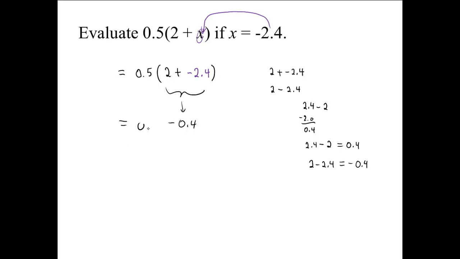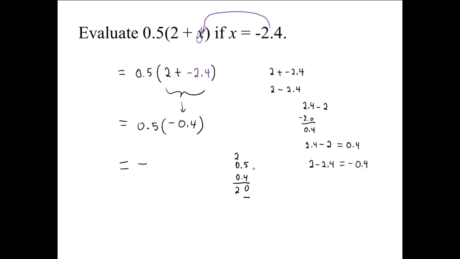So we have 0.5 times negative 0.4. Now, a positive times a negative is a negative, so we have handled the sign. Now let's work out 0.5 times 0.4. 4 times 5 is 20, carry the 2. 4 times 0 is 0, plus 2 is 2.